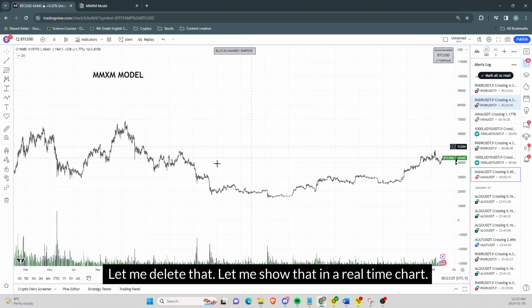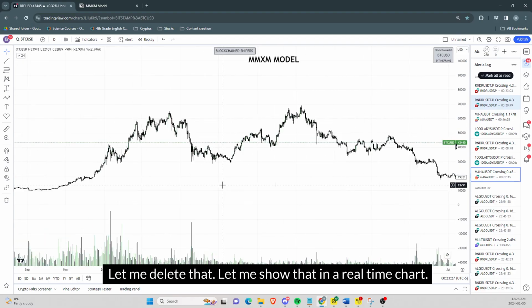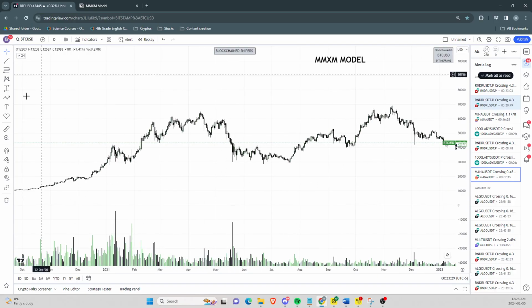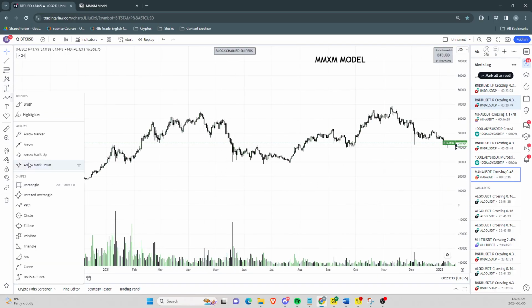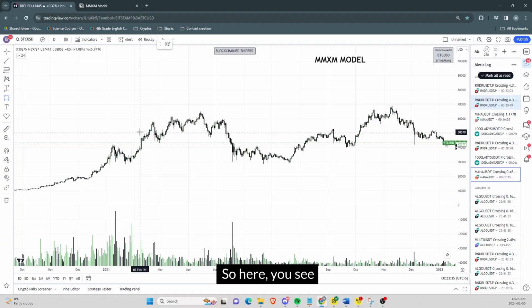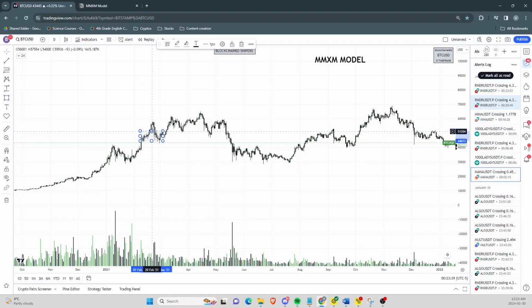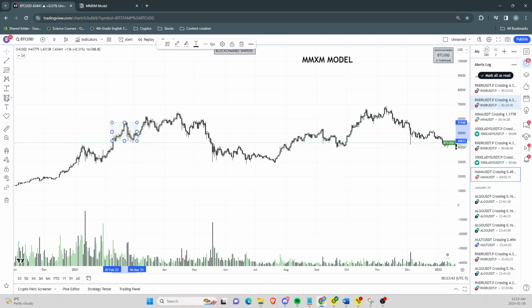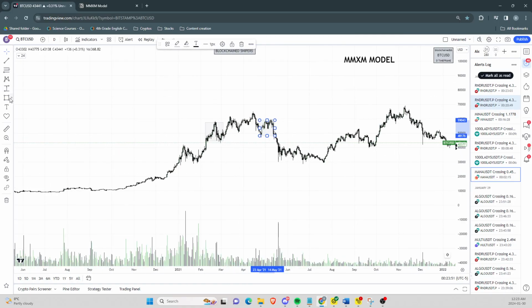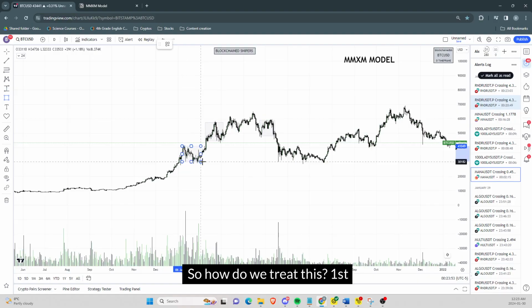Let me delete that. Let me show that in a real-time chart. So take a look at this. Here you see accumulation, and then another accumulation.